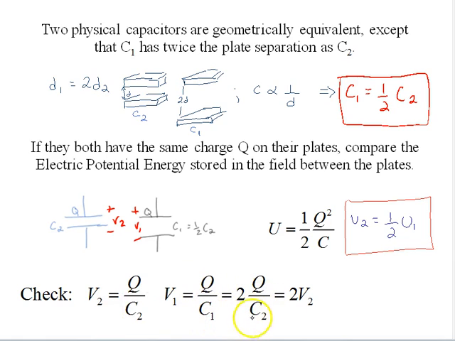Since C1 is 1/2 of C2, V1 is going to be twice V2. So we have twice the voltage across the capacitor with the smaller distance between the plates. Twice that voltage, same charge on the plates. So in this volume, we're going to end up storing more energy in that electric field.